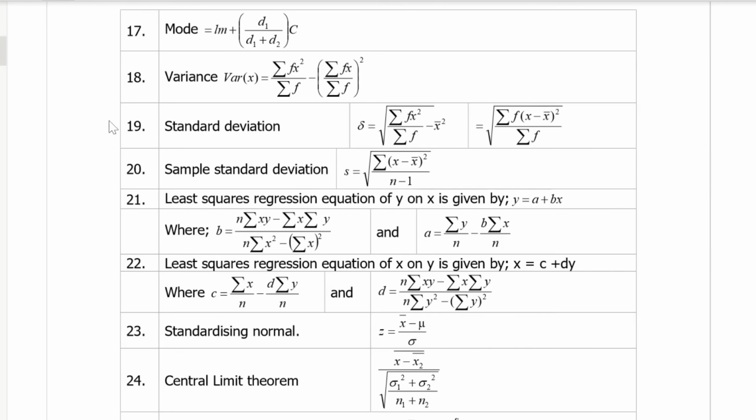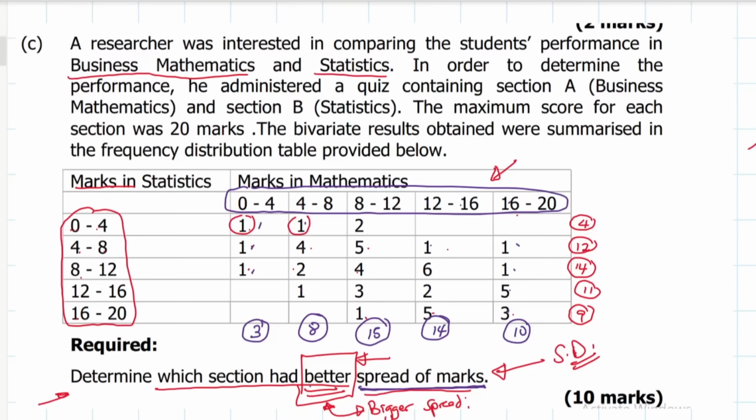So when we come here, this is the formula for standard deviation. You just copy the formula, and after copying it, you simply substitute.